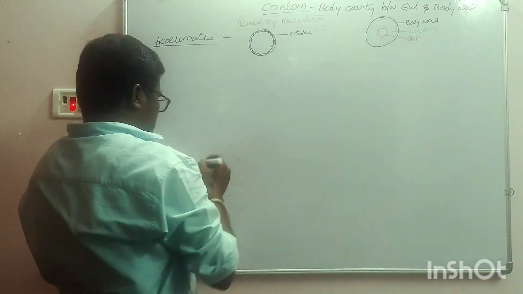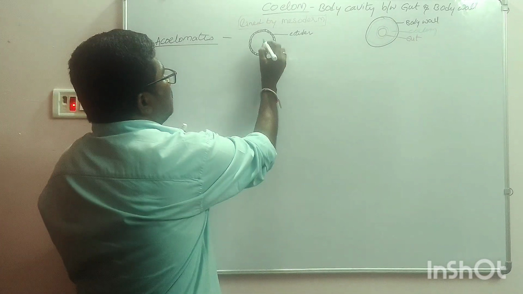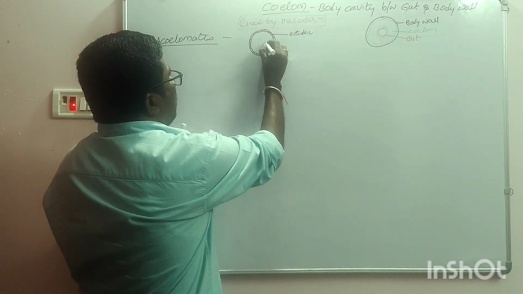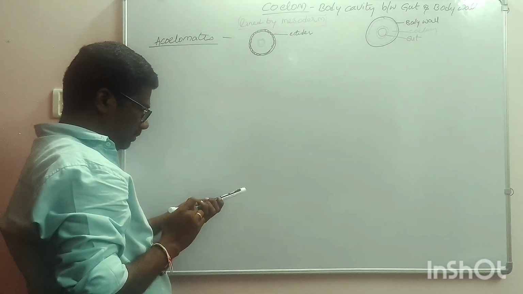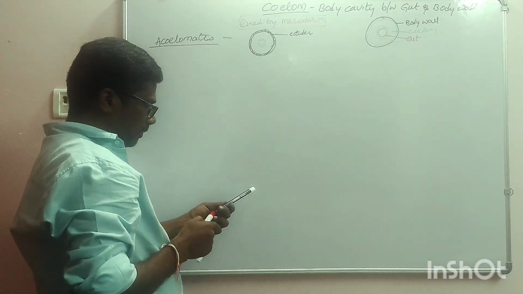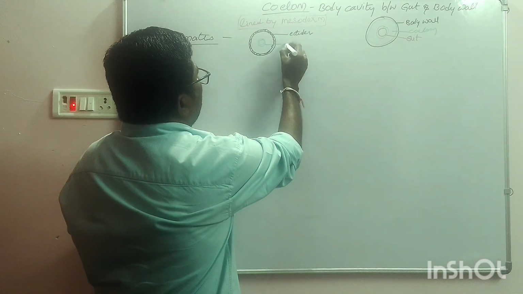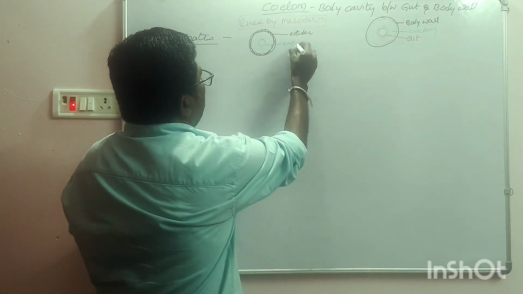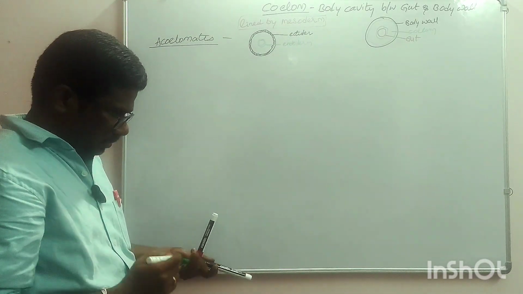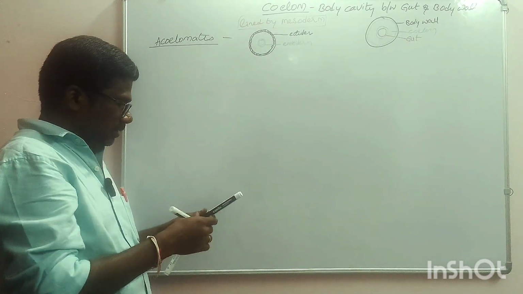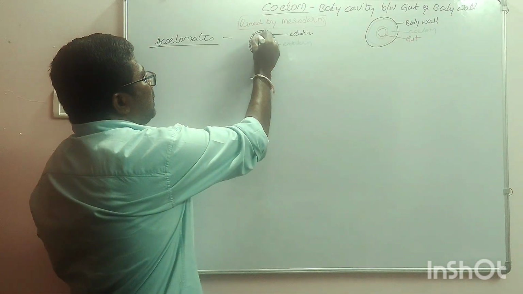The middle one is the mesoderm, and in the center there is endoderm. Endoderm is also there, and in the middle parenchyma cells are there.